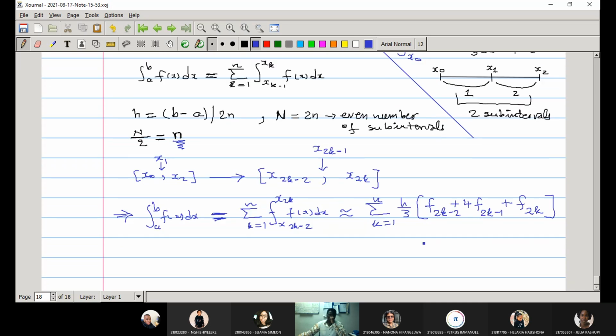Right? Okay, now h by 3 does not depend on k, so I can take this h by 3 out of the summation. So this is equal to h by 3, and then we sum like this to n.